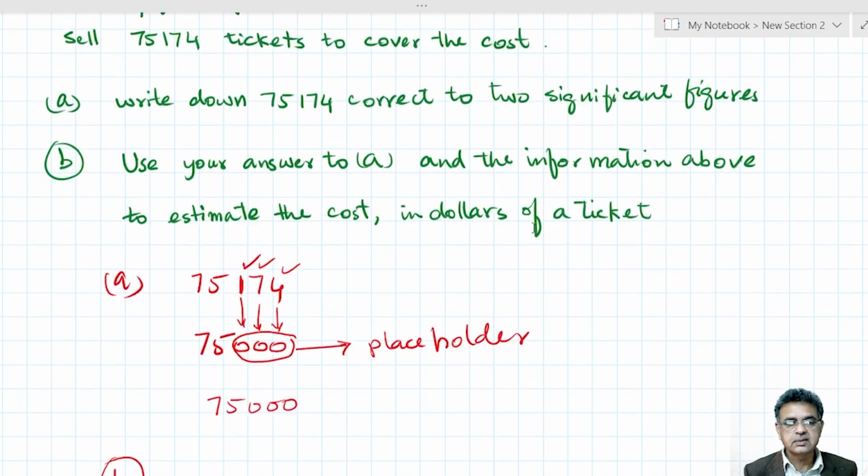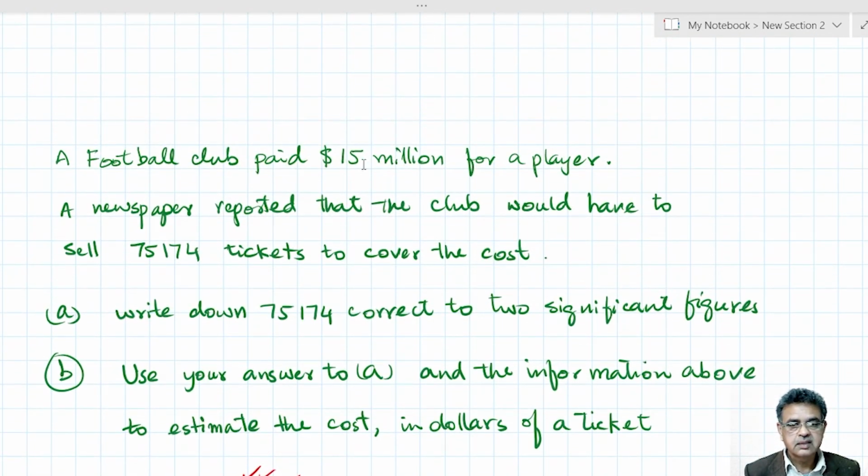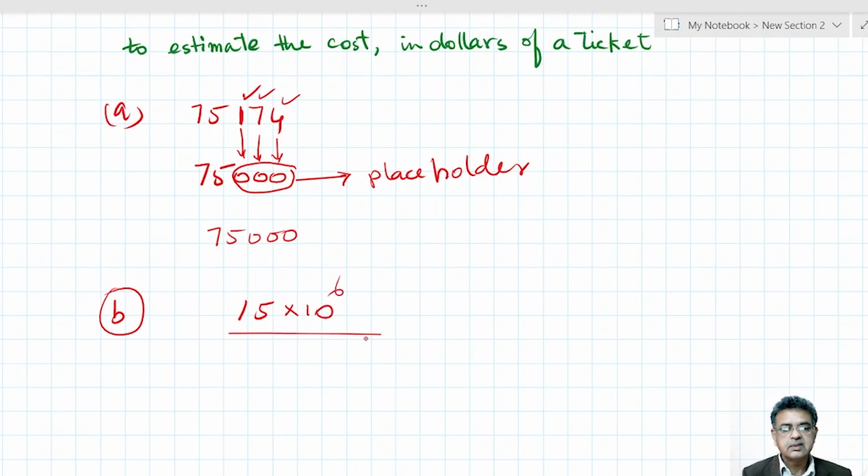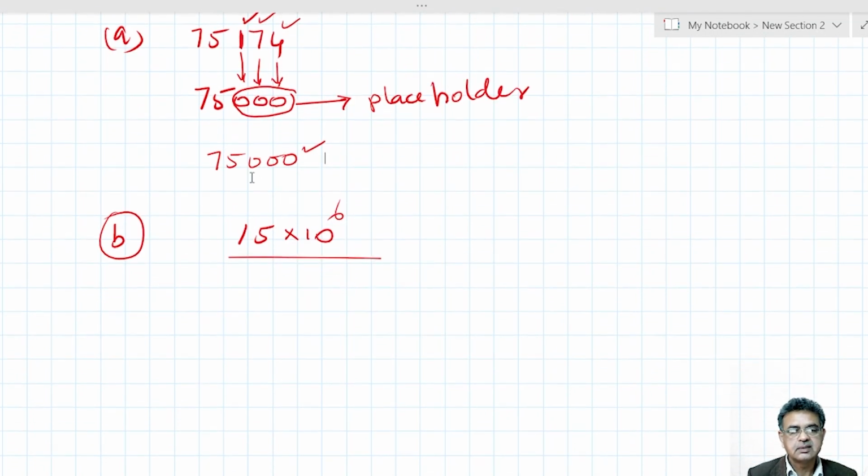Now the total cost is $15 million, 15 times 10 to the power 6, to be covered by selling 75,000 tickets. This is 174 more than that, but it is rounded off to estimate. 1000 means 10 to the power 3.